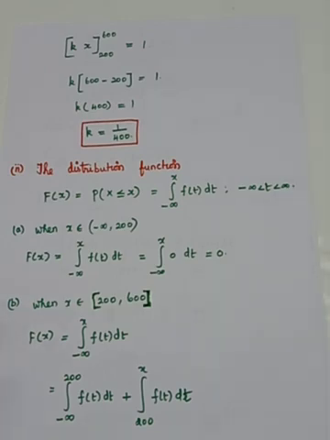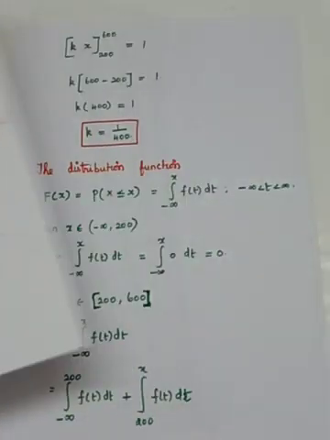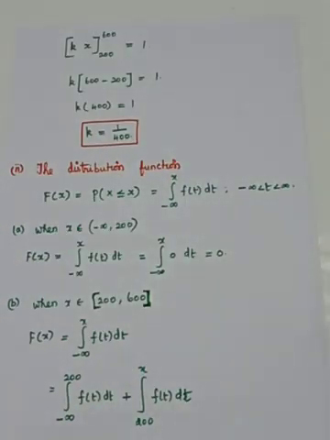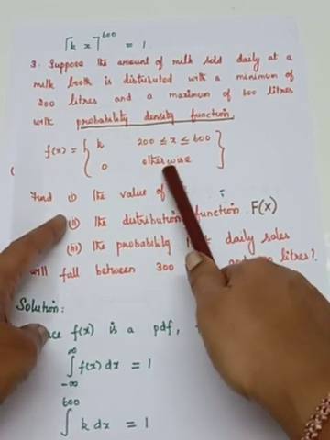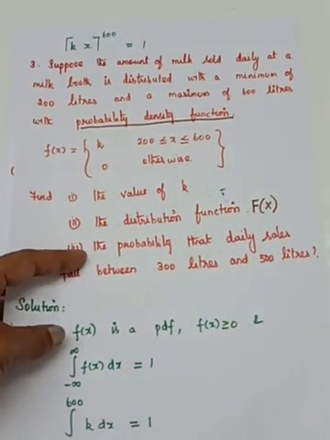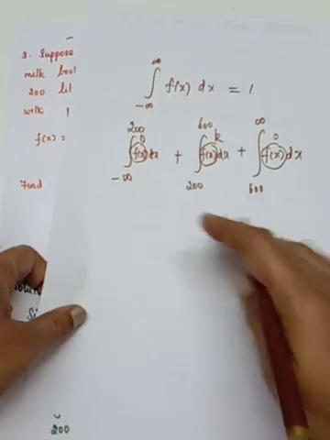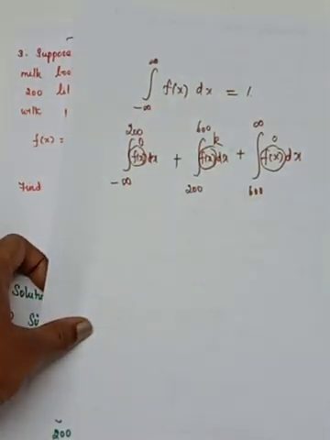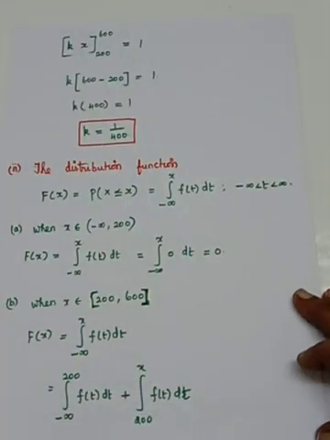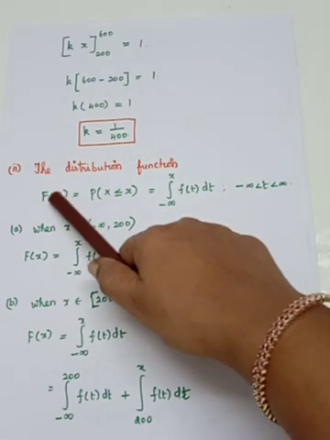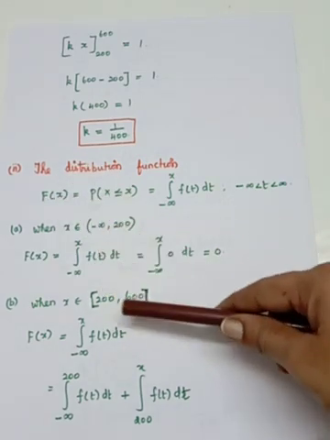See now, here we have to find out over all the intervals. So starting from minus infinity to plus infinity we have to find out. So according to this f of x, we have to write the intervals. What are they? Minus infinity to 200 and 200 to 600 and 600 to infinity. So we are going to find capital F of x in 3 cases.